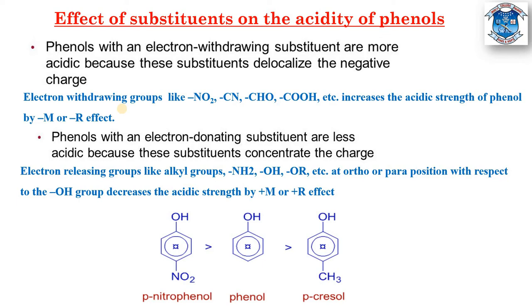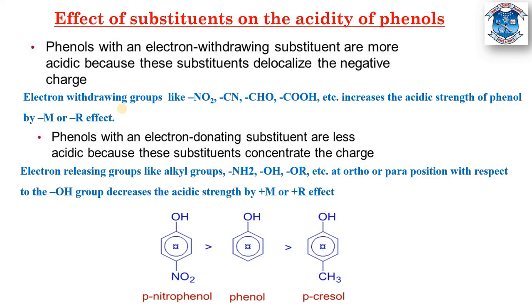At the same time, phenols with electron releasing groups are less acidic because when more electron releasing groups are there, they will intensify or concentrate the charge, thereby decreasing the acid strength through positive mesomeric or resonance effect.